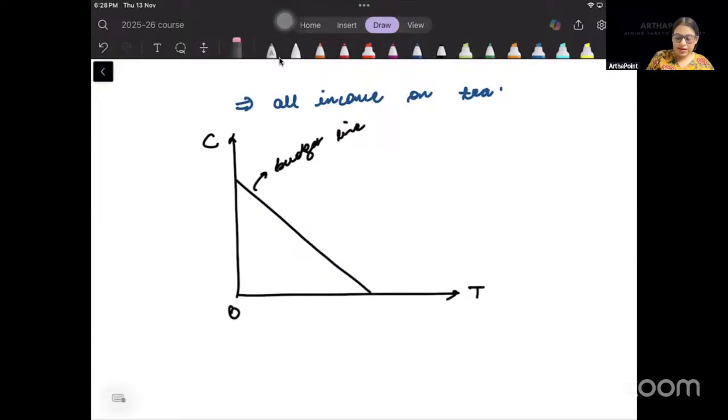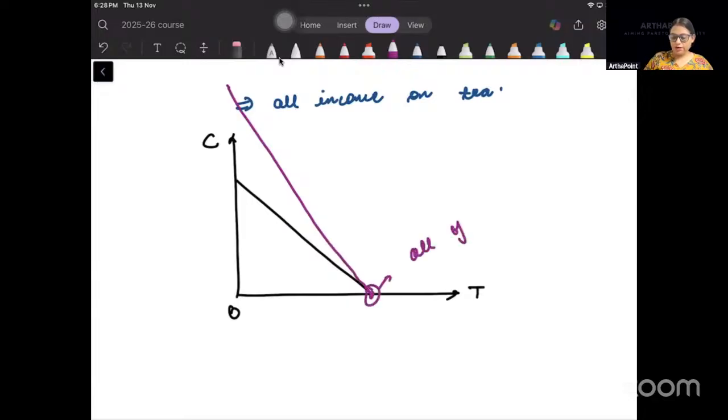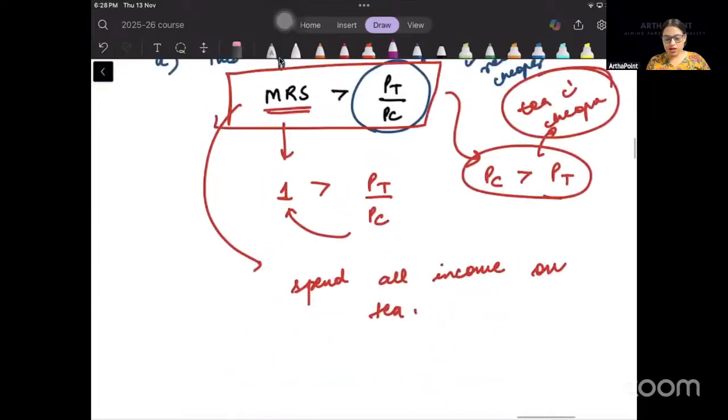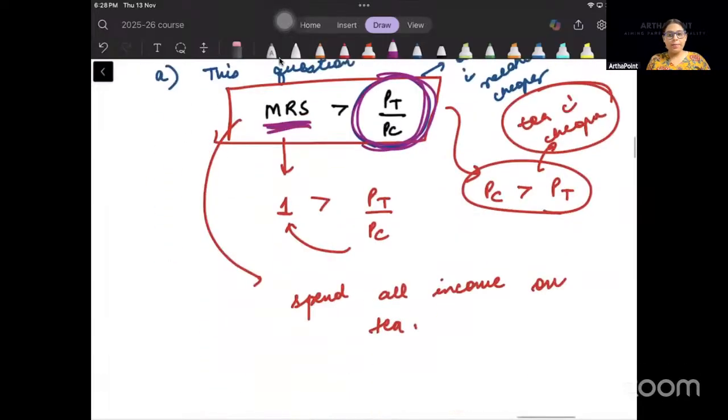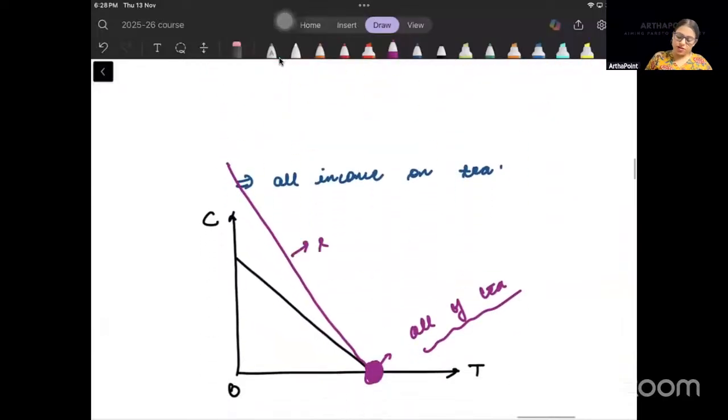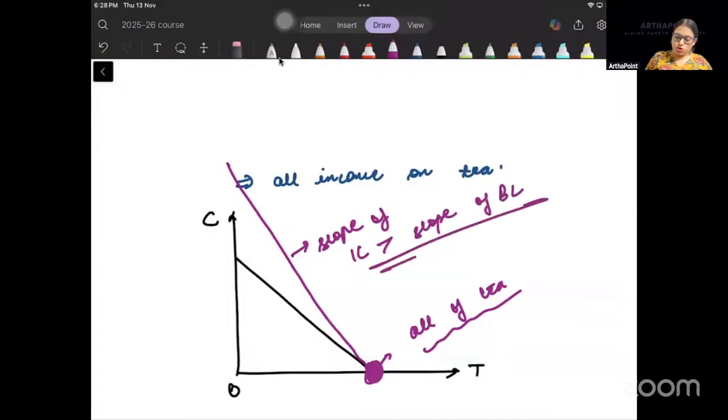Then it means that the highest indifference curve I am reaching is this. When I am consuming all of tea, this is my equilibrium. Because when did this condition come? We got this condition when MRS is more than price ratio. This condition comes when the slope of indifference curve is more than the slope of budget line. So it actually means that my indifference curve is steeper.